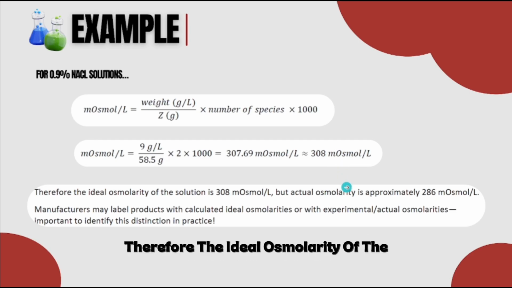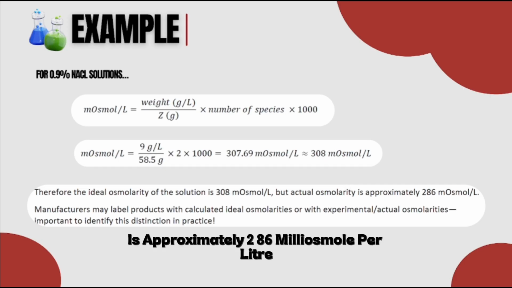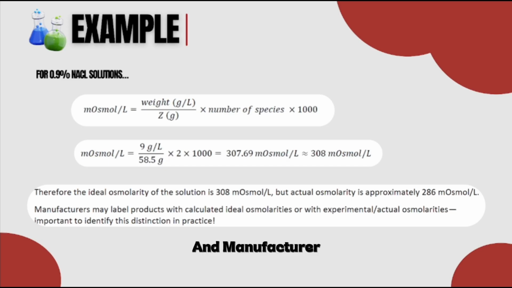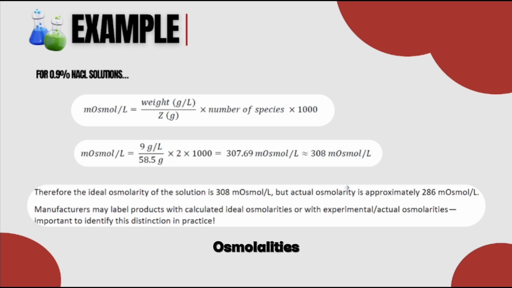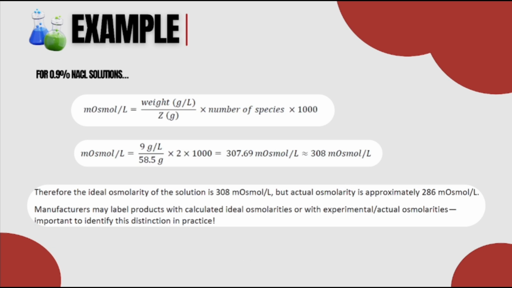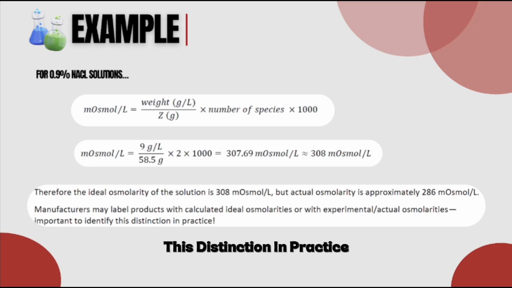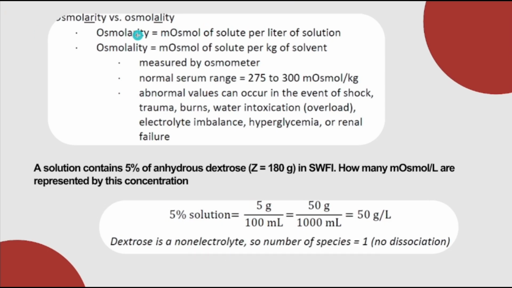Therefore the ideal osmolarity of the solution is 300 milliosmol per liter, but the actual osmolarity is approximately 286 milliosmol per liter, and a manufacturer may label the product with calculated ideal osmolarities or with experimental or actual osmolarities. It is important to identify this distinction in practice. What is the difference between osmolarity and osmolality?